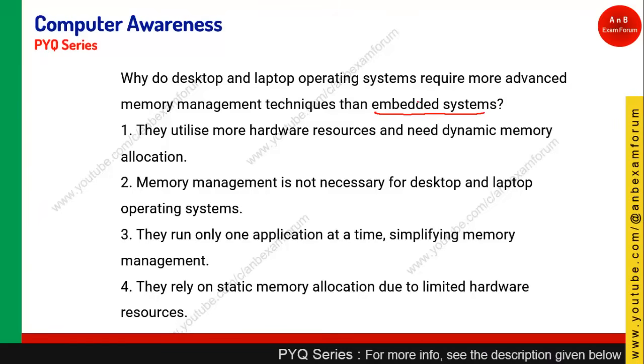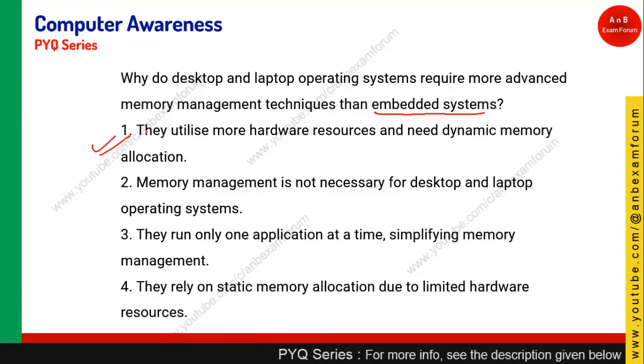Nowadays, a mobile is one embedded system, and it does the basic function of the mobile. Whereas laptops and desktops require more advanced features. Why? Because they need to utilize more hardware and need dynamic memory allocation. That's why they need memory management techniques. So option 1 itself is the right answer.